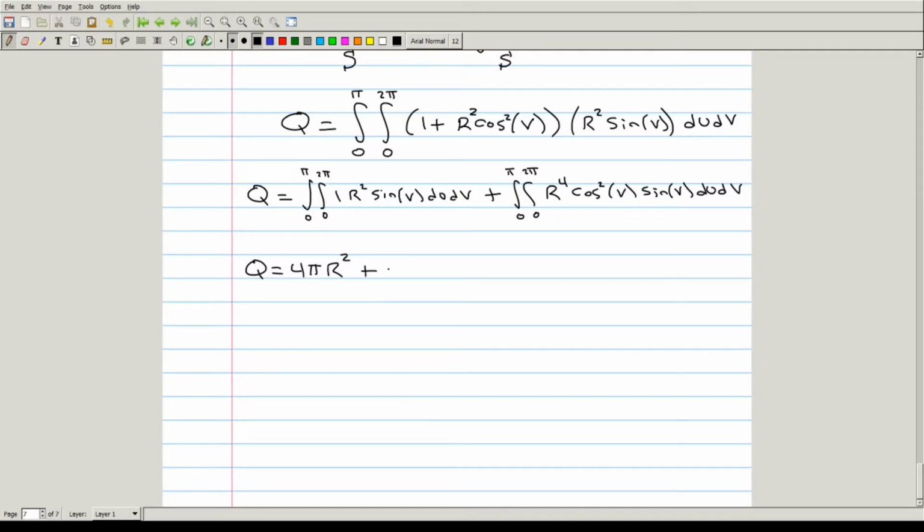r to the fourth. And the function here only depends on v, so the first integral with respect to u is just going to be 2 pi times the integral from 0 to pi of cosine squared of v sine of v dv.